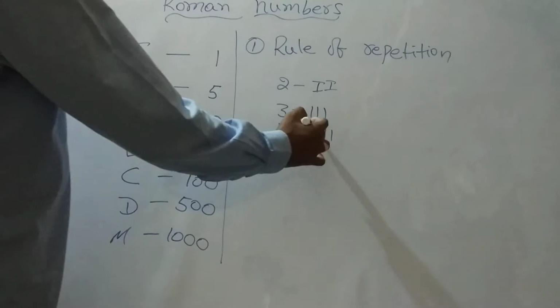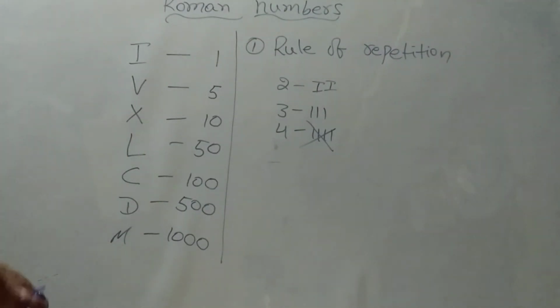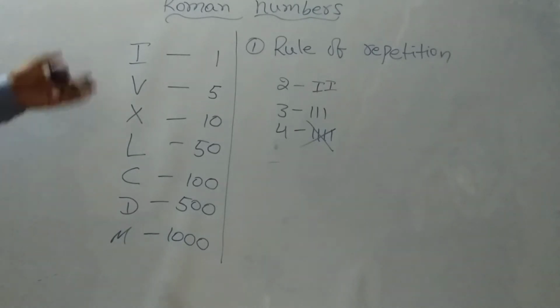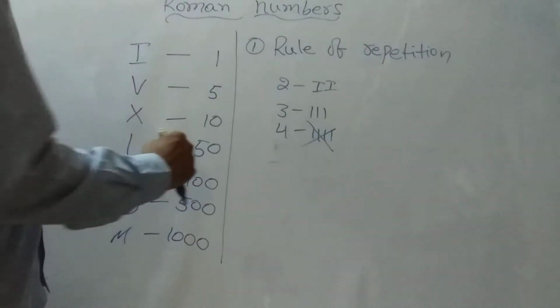No. The symbols which are repeating cannot be repeated more than 3 times. Maximum, each symbol repeats only up to 3 times. But how do we write 4?